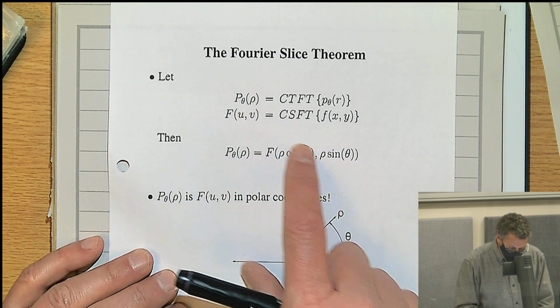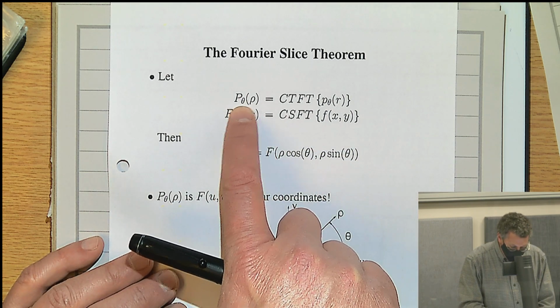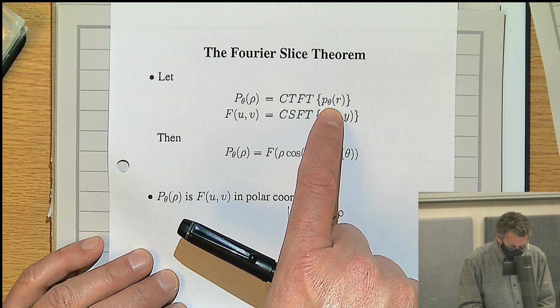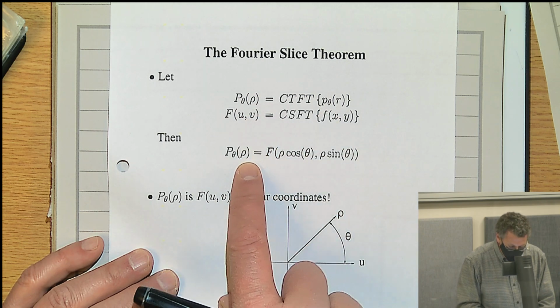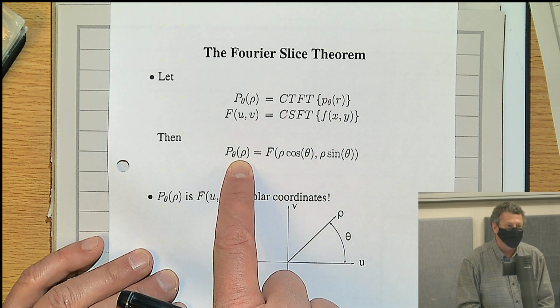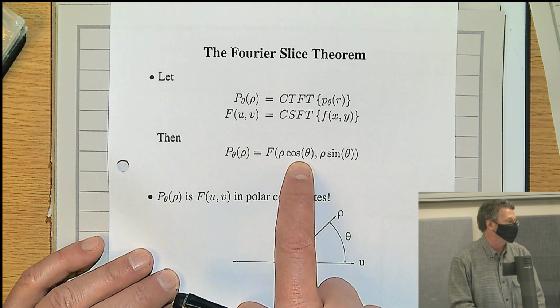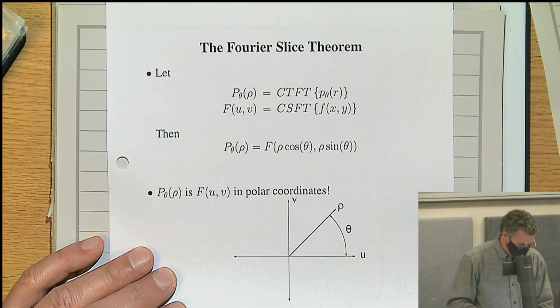So in other words, the Fourier transform of the projections is just the polar coordinate transform of the 2D Fourier transform of the image. That's the amazing thing. Okay, maybe I have a diagram here. I can show you.